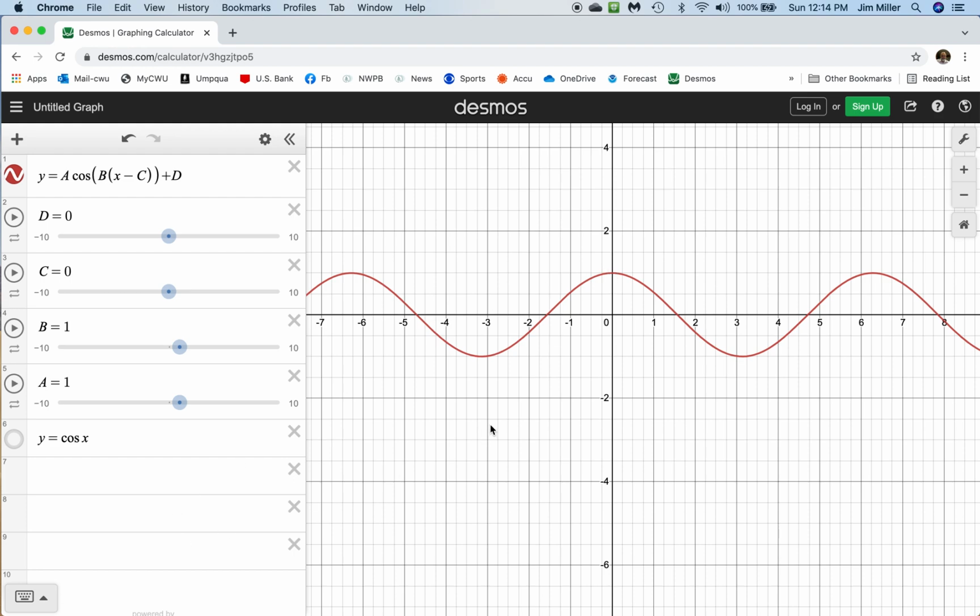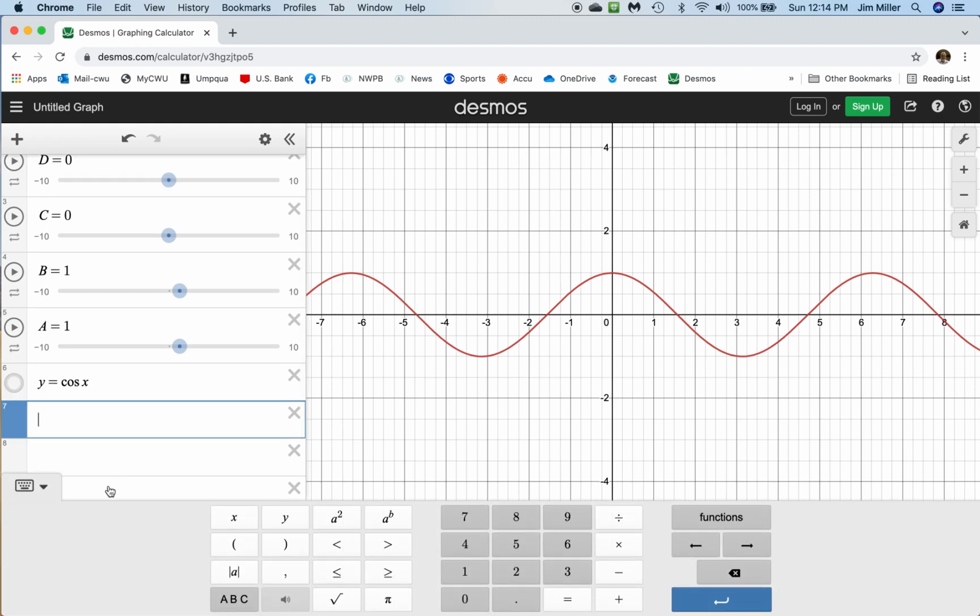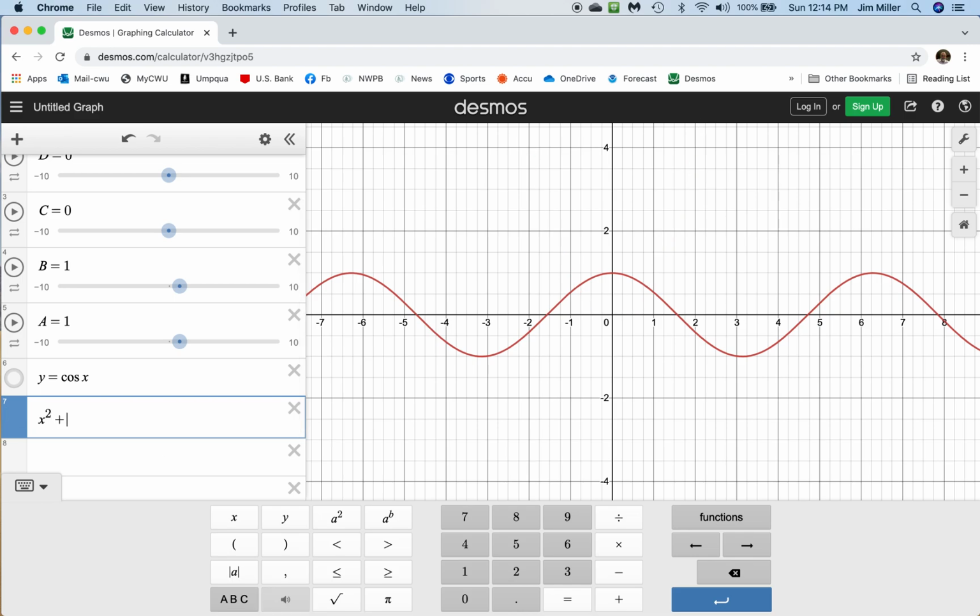And that's because on the unit circle, let's just type in a unit circle here. x squared plus y squared equals 1. So there's the unit circle. When we're at 0 degrees, the x value is 1.